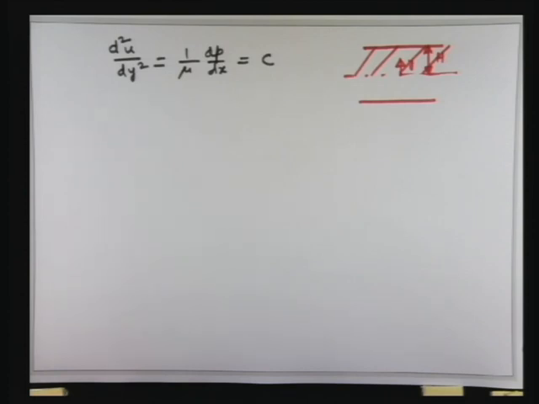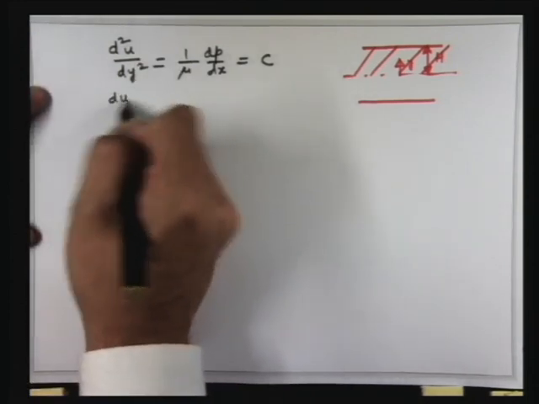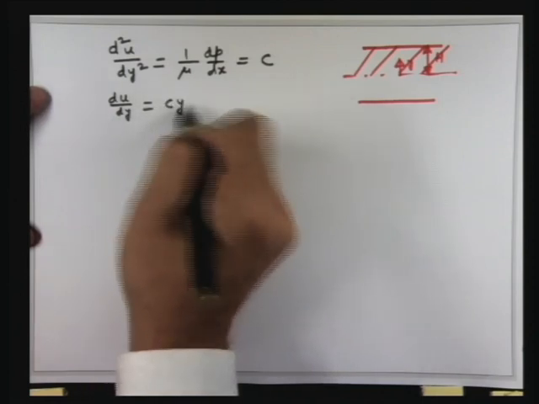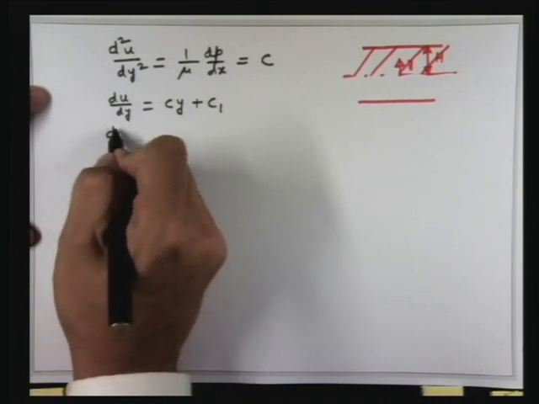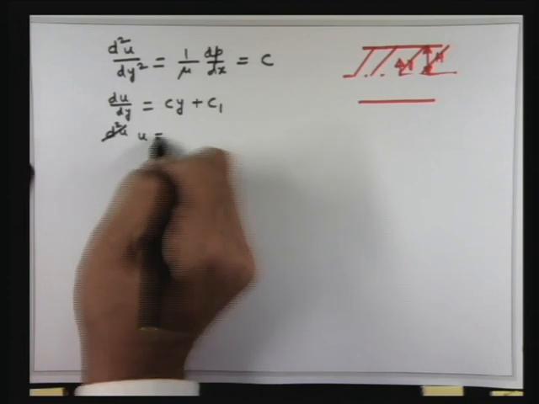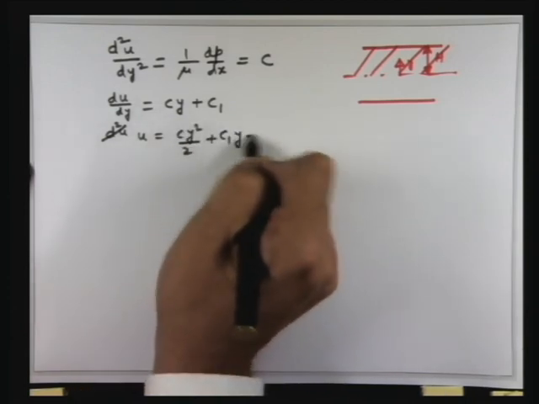So now we can integrate this. So du dy is equal to cy plus c1, and u is equal to cy square by 2 plus c1y plus c2.